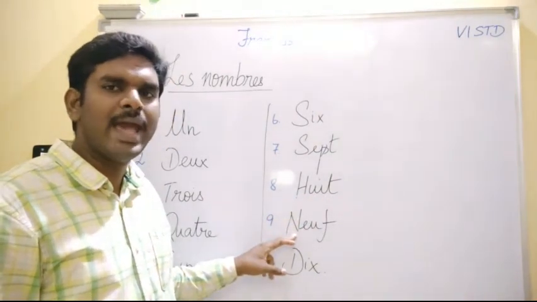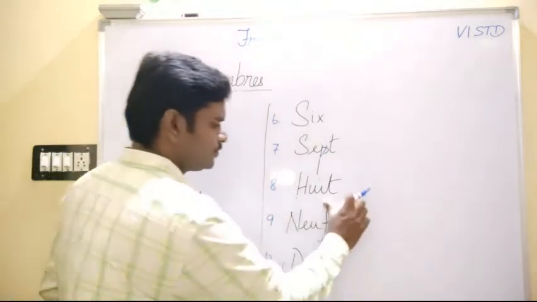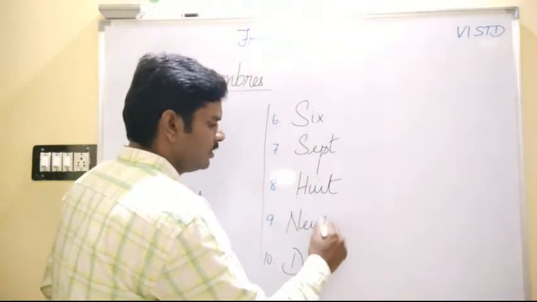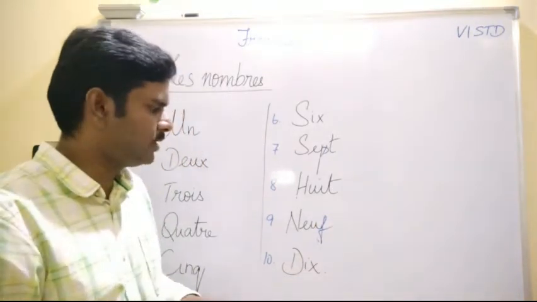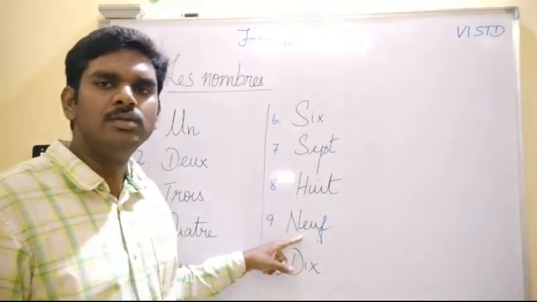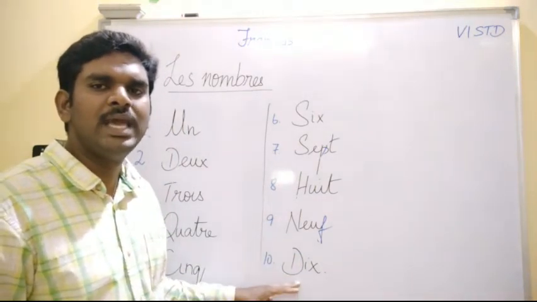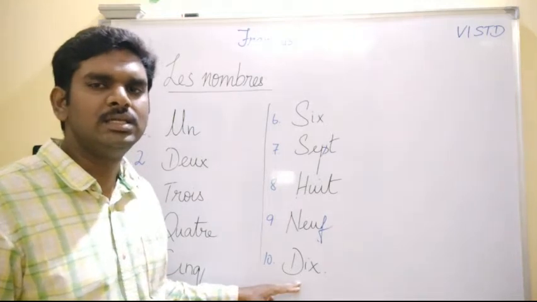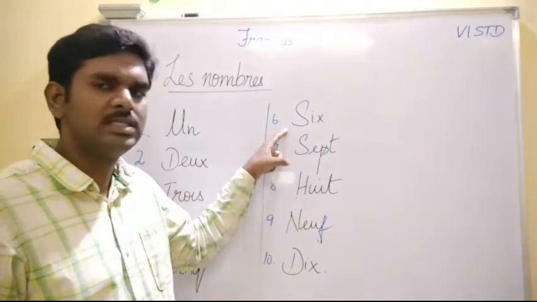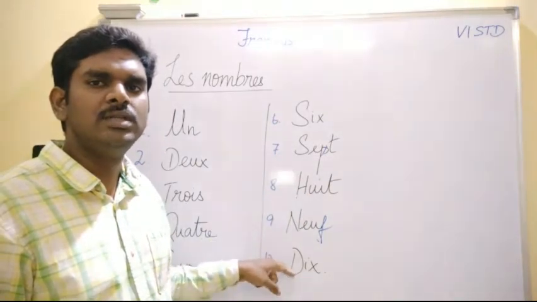Neuf: N-E-U-F. This is F. If you are not able to follow that, I have changed the F. E-U-F. Neuf. Dix: D-I-X. Dix. Once again. Six, sept, huit, neuf, dix.